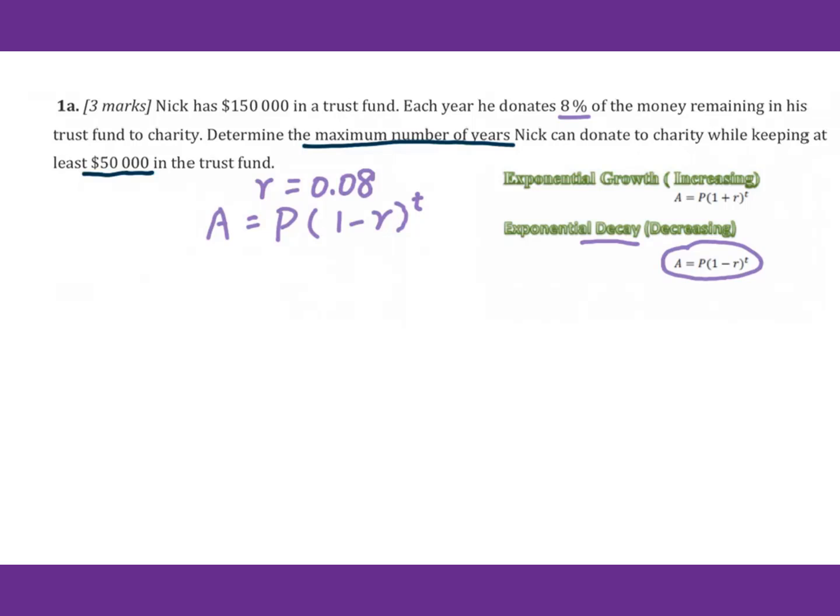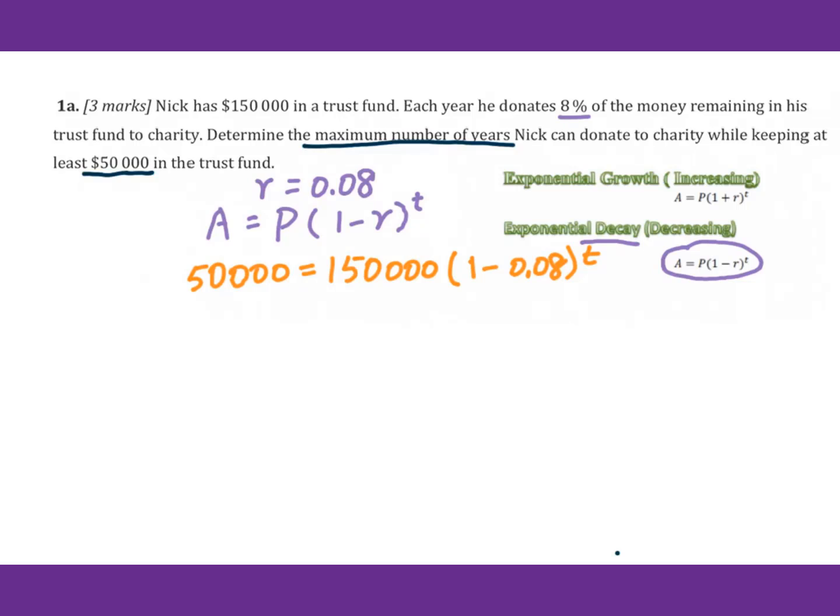We plug in 50,000 will be future value equals present value, which is 150,000, times 1 minus 0.08 to the tth power.